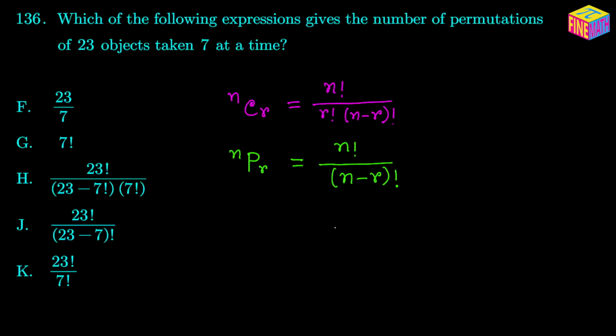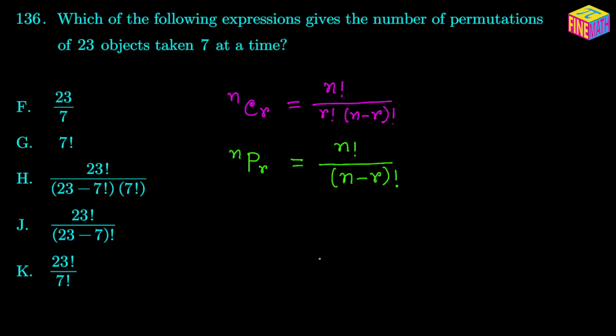Meaning, if we have n objects, we want to take R objects from the n objects and then arrange them. So nPr essentially tells us the number of permutations of R objects from n objects, meaning the number of permutations of n objects taken R at a time, whereas nCr tells us the number of ways to choose R objects from n objects.